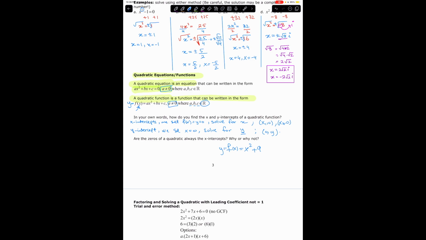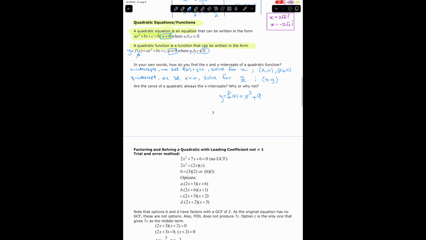So if you are to graph the function f of x equals x squared plus 9, you're not going to see a physical contact with the x-axis because the solutions from here, or the x-intercepts, are imaginary. You're going to get two imaginary numbers and you are not going to see them physically intersecting with the x-axis. This graph is not going to physically intersect with the x-axis.